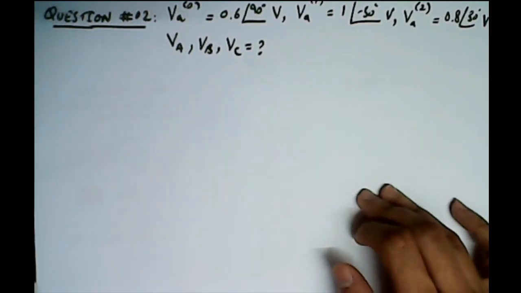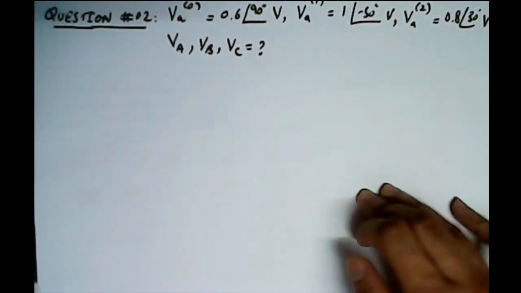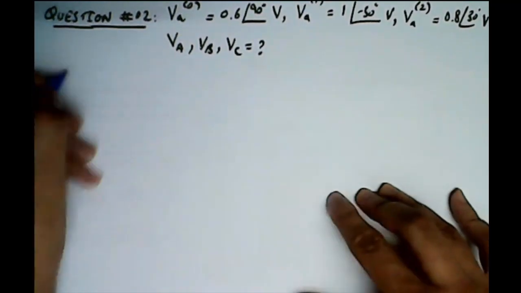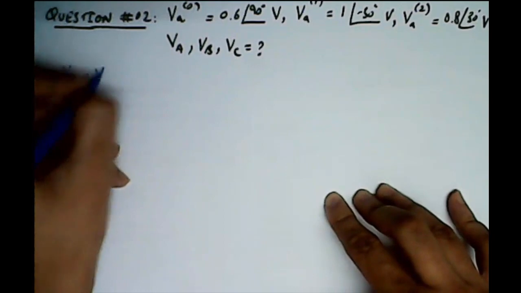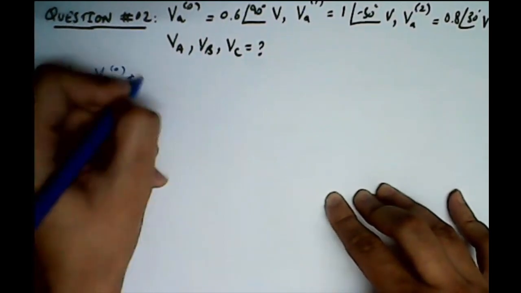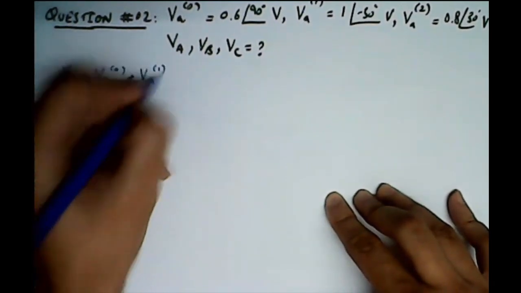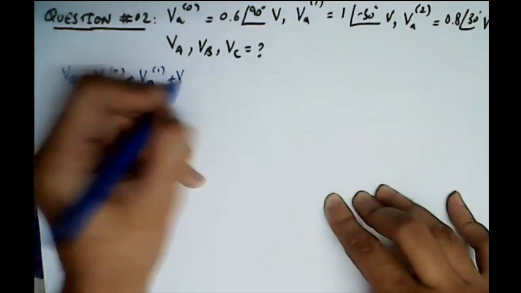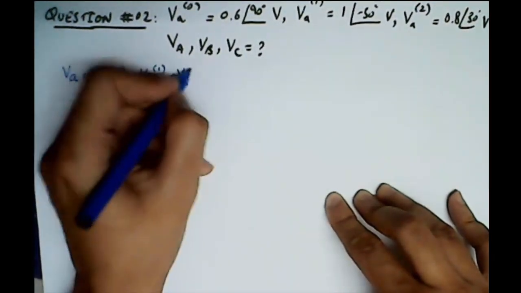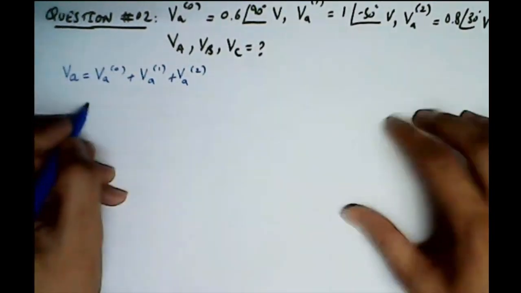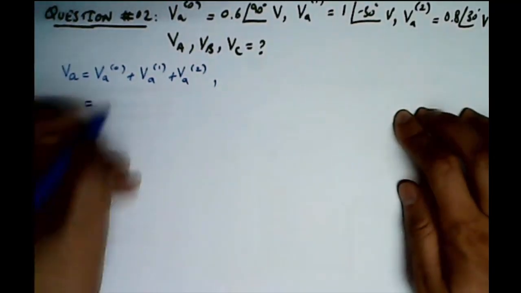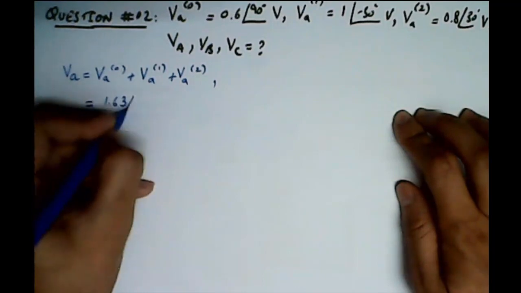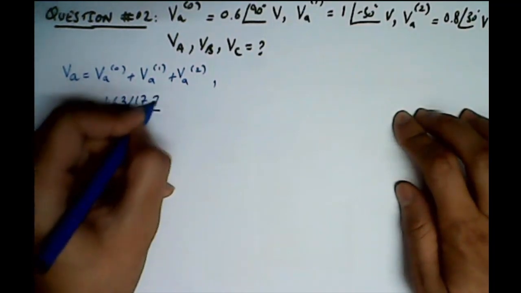As we discussed earlier in this lecture, we can find these values as VA equals VA0 plus VA1 plus VA2. When we add them, this will give us 1.63 angle 17.7 degrees.